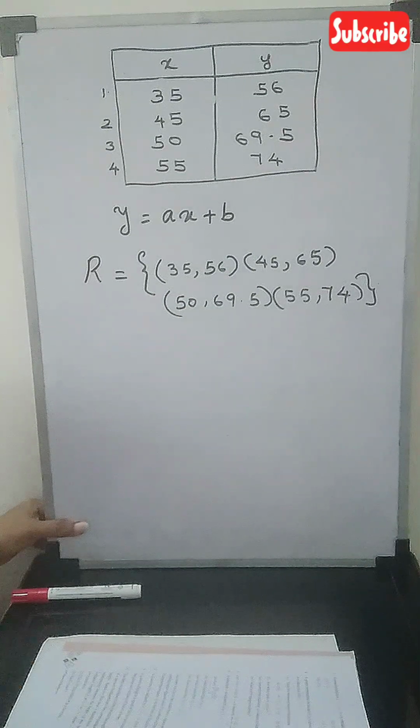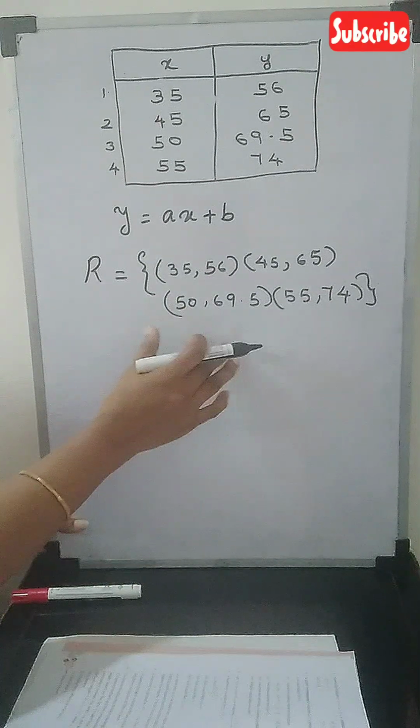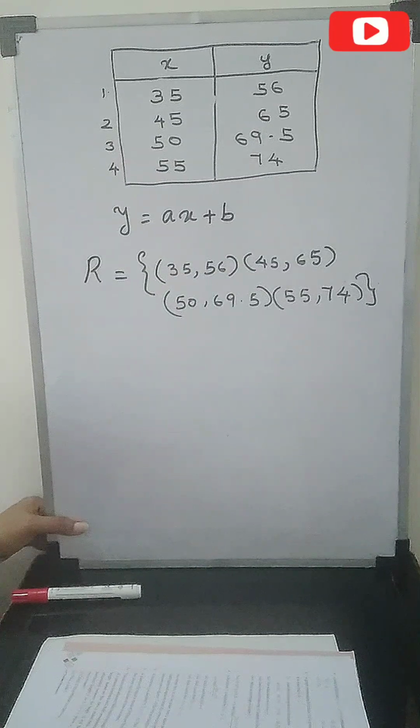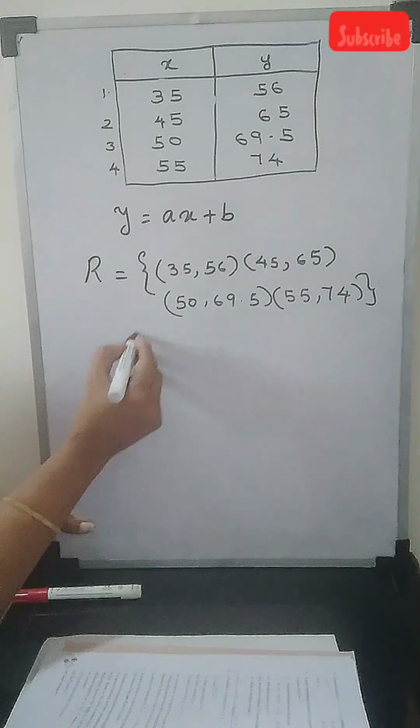Okay, so is this relation a function? How do we check whether it is a function? To check easily, let us try an arrow diagram.